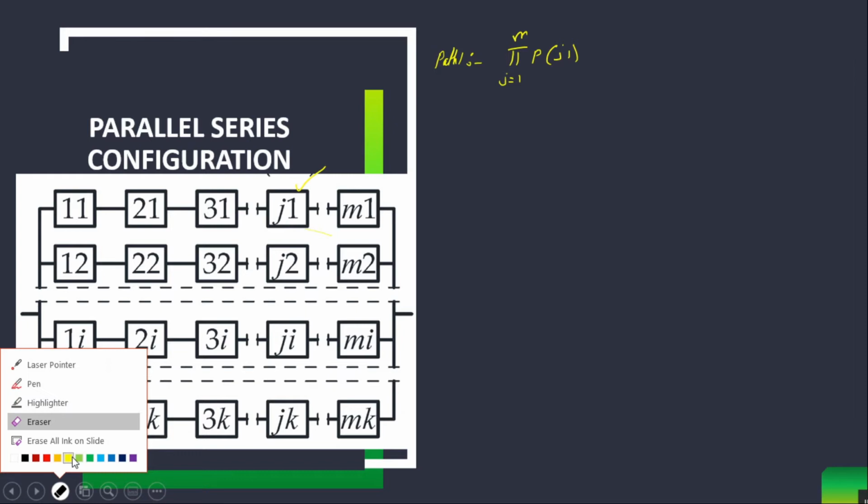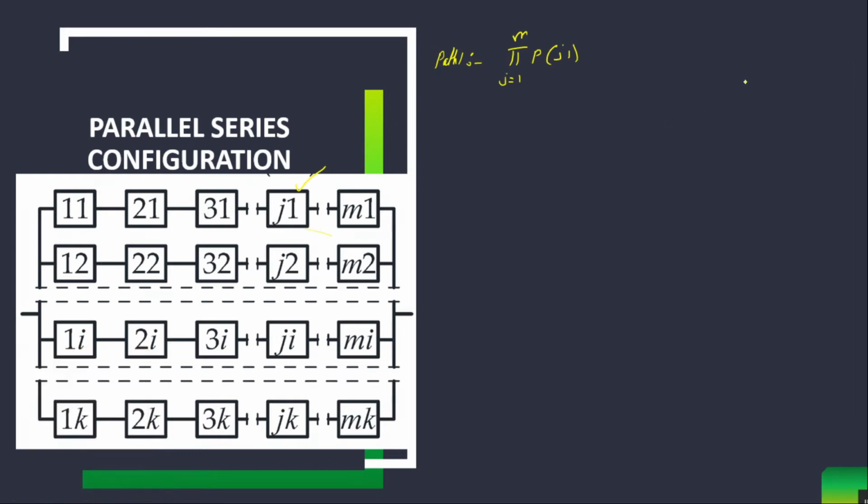So now what about the failure? This one is survival. Now if you are considering the failure of that parallel path, the failure of the first path is 1 minus this survival.